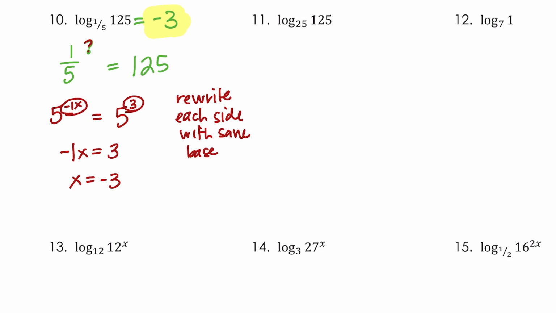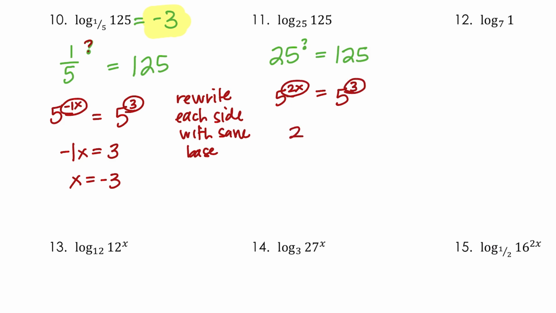So the next one is kind of similar. I start out, 25 to what power is going to be 125? And maybe I don't know what that question mark is. But I recognize that 25 and 125 both are 5 to something power. 25 is 5 squared, and I'm going to put an x there because the question mark is there. 125 is 5 cubed. Okay, so if I can see that, then I can set these powers equal.